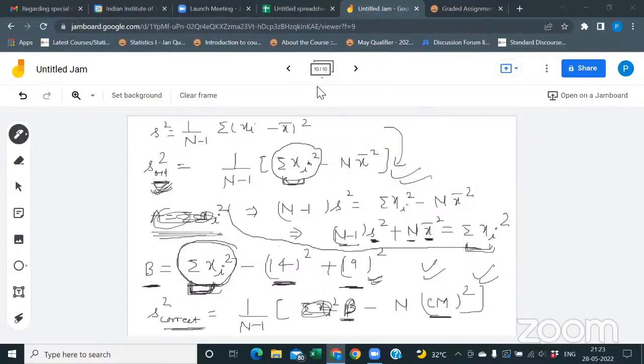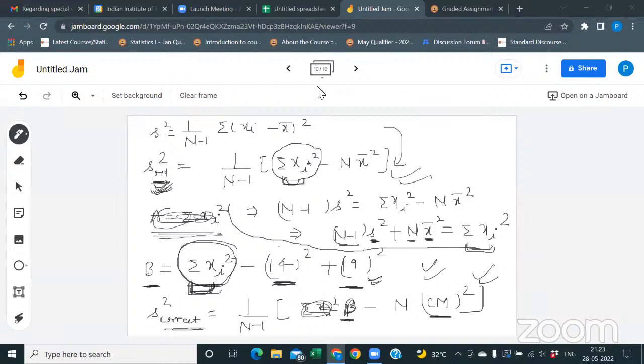So what I did, for the sample variance, I have taken x1 minus 12, that is, 12 is my mean, right? To the power square, divided by n minus 1, right? So that is going to be 5. 6 minus 1 is going to be 5. I have taken that one as equation 1. And then I have taken equation 2 as the new sample variance. And then I have subtracted equation 1 from equation 2.